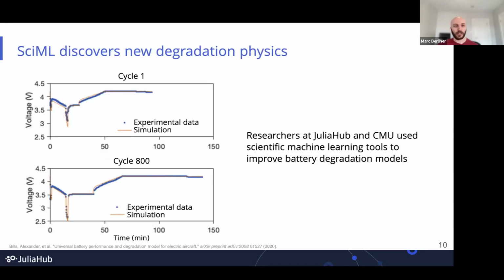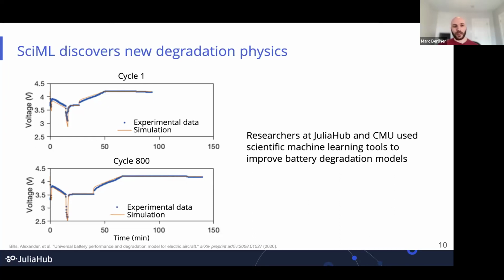One example of this is work that JuliaHub and CMU collaborated on, where they took real data from simulated eVTOL batteries, and they compared the foundational simulation, which is represented by a physics-based battery model, and they tried to learn the degradation profile using these scientific machine learning tools, and they did that with data.